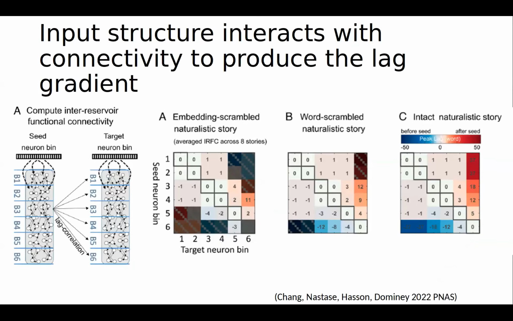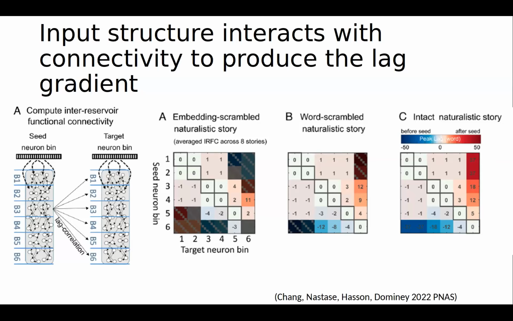So we have the reservoir with neurons just binned into groups of neurons successively far from the input. We measure the correlation between one bin and another, and then the time lag for that maximum correlation to occur. And what's interesting, we can do an experiment here that they didn't do in humans. In one case, the input to the model was the embeddings shuffled at the embedding level.